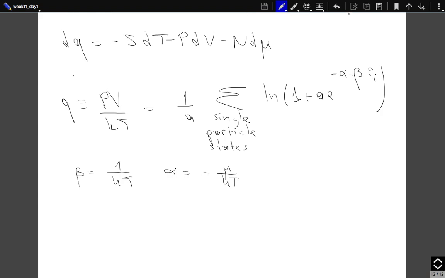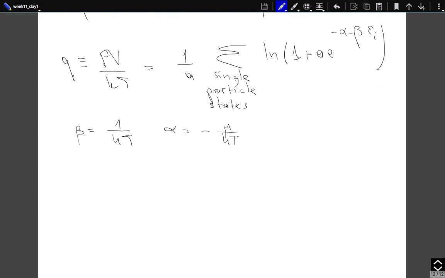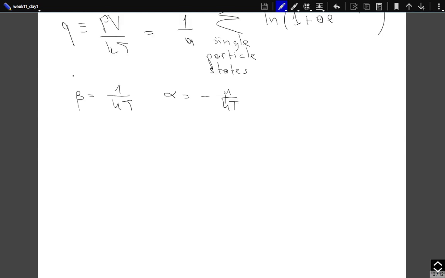Now let's look at the same system in the canonical and grand canonical ensemble. Let's start with the Maxwell-Boltzmann case, which is the easiest one.